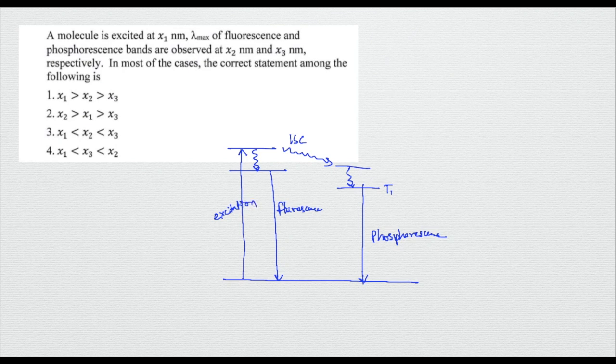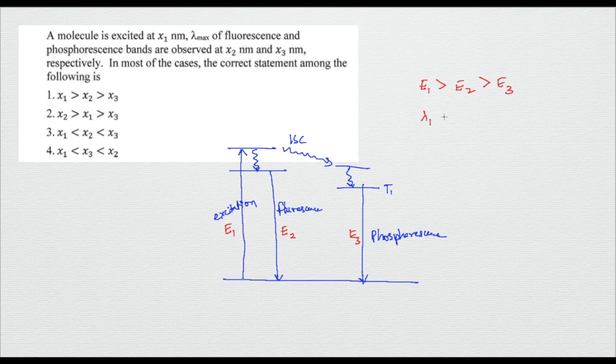Now if I talk from the point of view of energy, let's say the energy of excitation is E1, the energy of fluorescence is E2, the energy of phosphorescence is E3, then the order of energy will go like this: E1 will be highest, then comes E2, and E3 will be lowest, right? Now since we know that wavelength and energy are inversely proportional to each other, and we are talking about wavelength over here, just reverse the order.